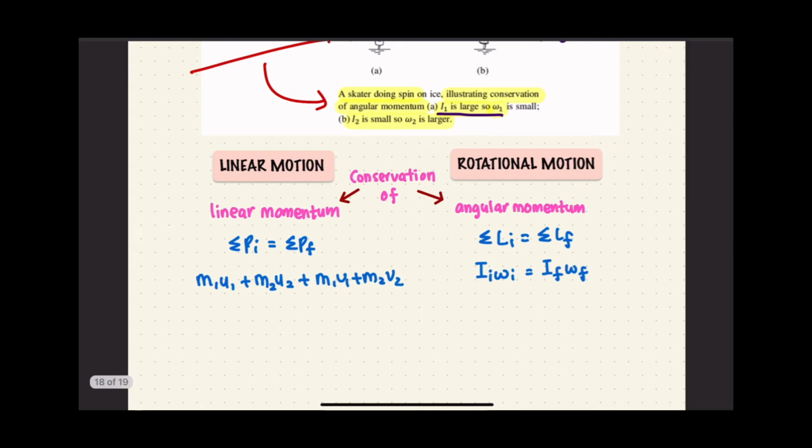Kalau linear motion, masih ingat lagi tak summation P initial sama dengan summation P final? M1U1 plus M2U2 is equal to M1V1 plus M2V2. Same goes with rotational motion. Kalau angular momentum, dia adalah I initial omega initial is equal to I final omega final.